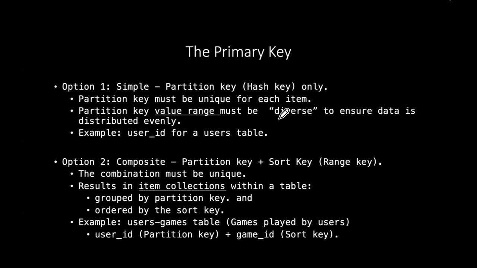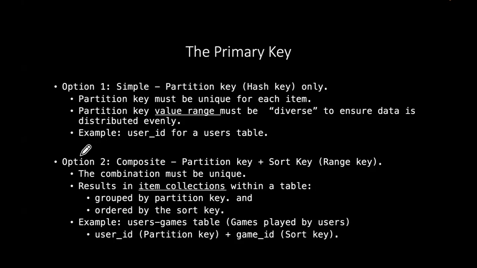There should be a wide distribution of the possible values of the partition key / primary key. Simple example, it's an obvious example: you've got a table of users, then the user ID is a sensible partition key, and it would also be the primary key when you've got this simple scenario.